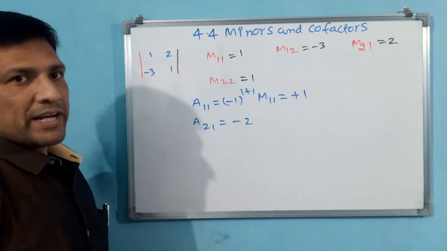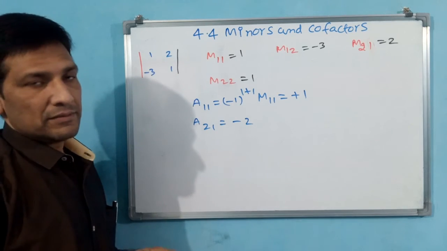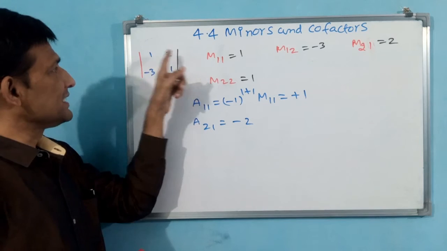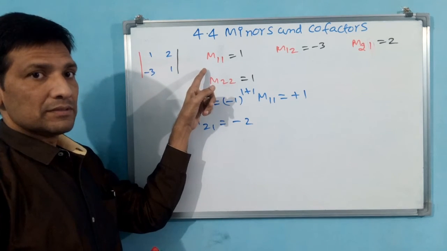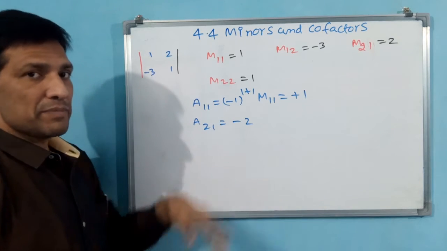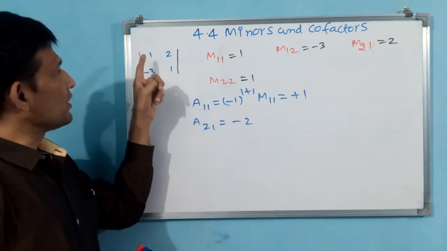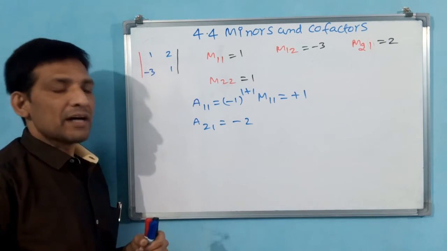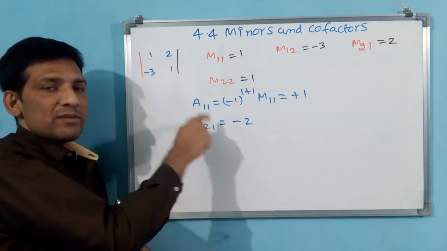Now what you are understanding: you see here plus minus, minus plus. But when it goes to 3 by 3, it is plus minus plus, minus plus minus, plus minus plus, like that it will come. Alternate. But here alternate is not going to come. Plus minus, again minus is going to come. Then how to compare this? See, in 3 by 3 also, starting and ending both are positive.